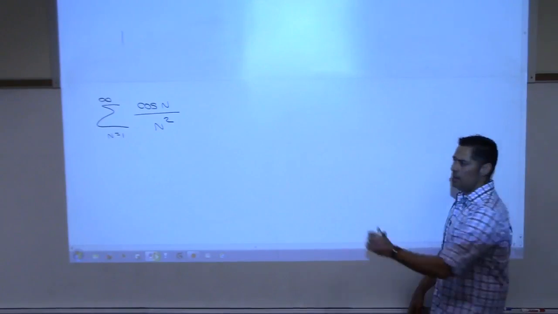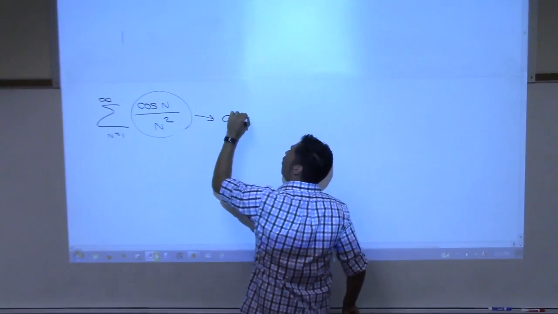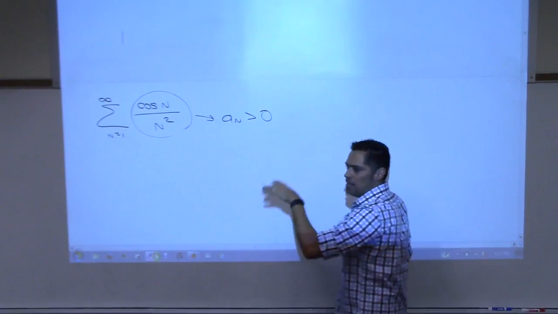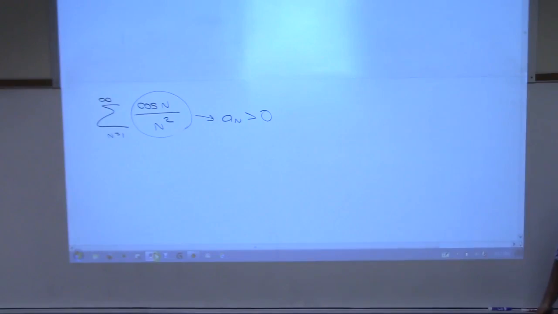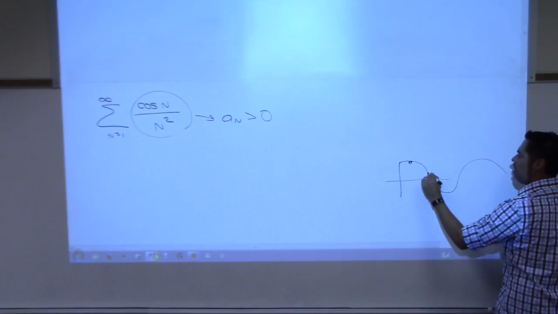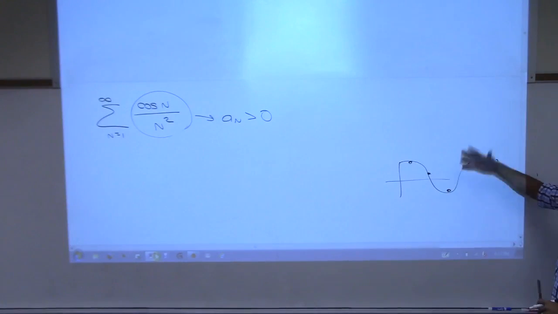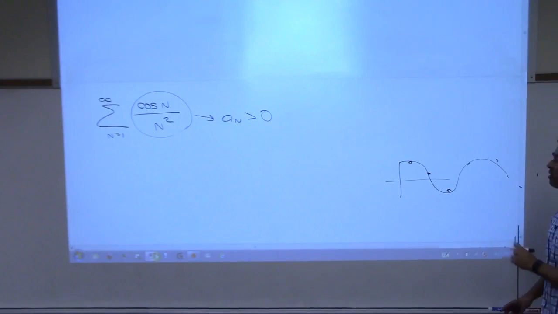You all understand that? This a sub n is not always bigger than 0. Sometimes it is, sometimes it's not. Because cosine looks like this, and we're picking dots off of it as we're going out to infinity. And so it's going to sometimes be positive and negative. Comparison, throw it out. Is it an alternating series?